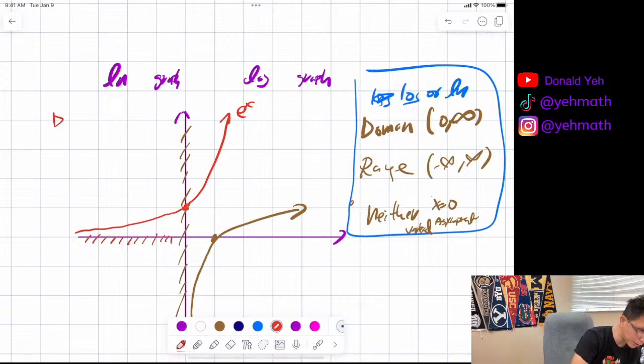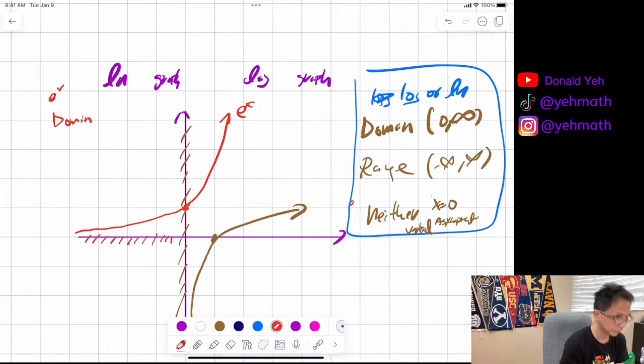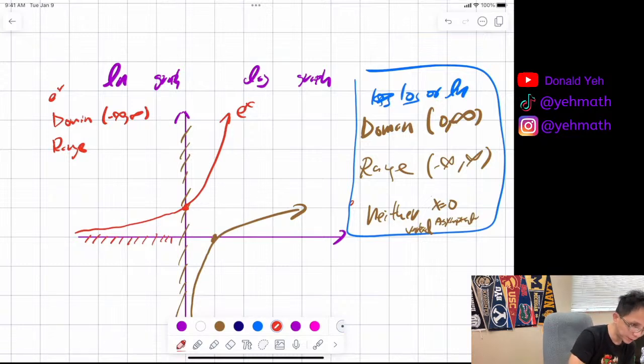For e to the x, what is the domain? Negative infinity to infinity, good. What will be the range? Is it a parenthesis or bracket? Parenthesis, 0 to infinity, good.